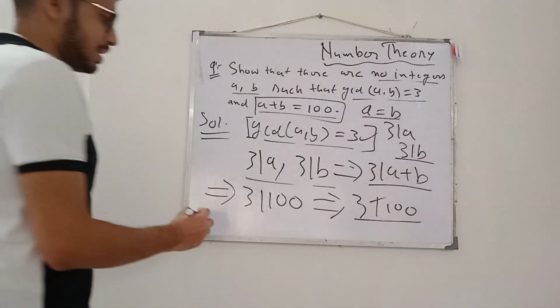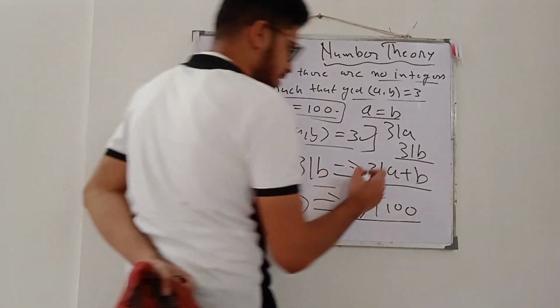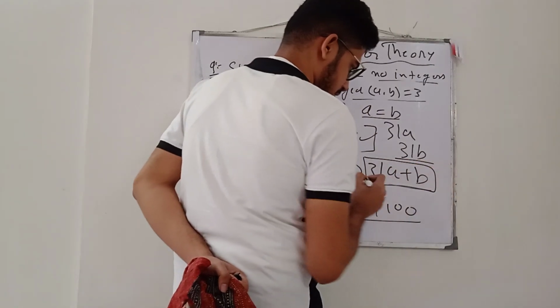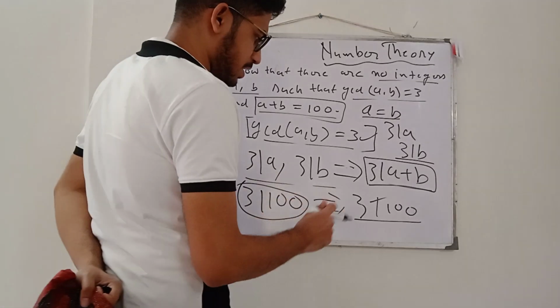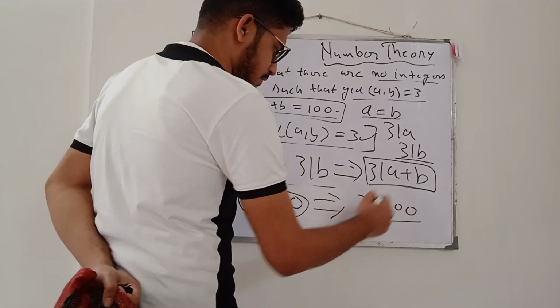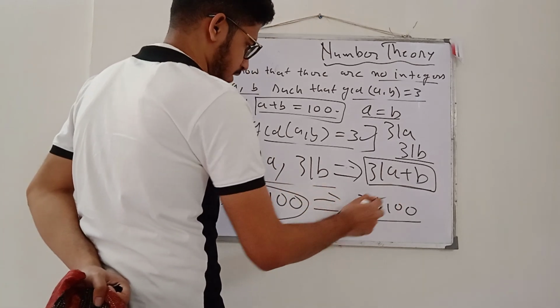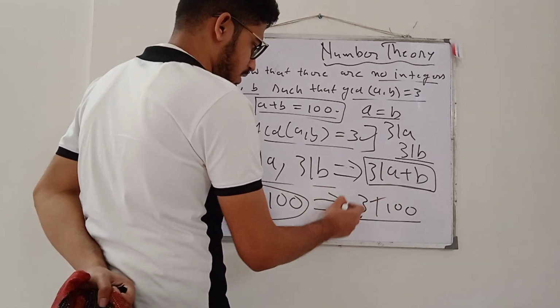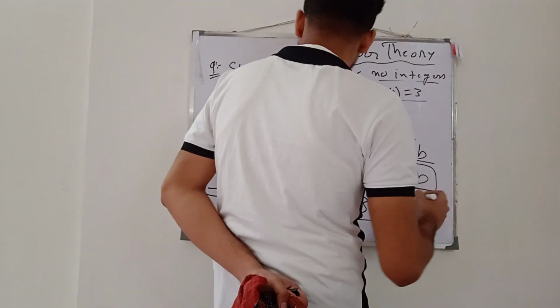That means this contradicts the earlier statement. This is the sign of contradiction. So now we have proved it and solved this question.